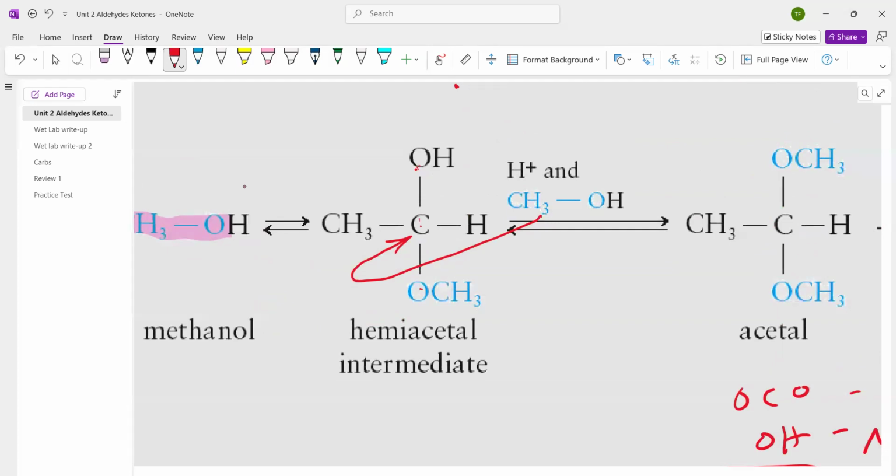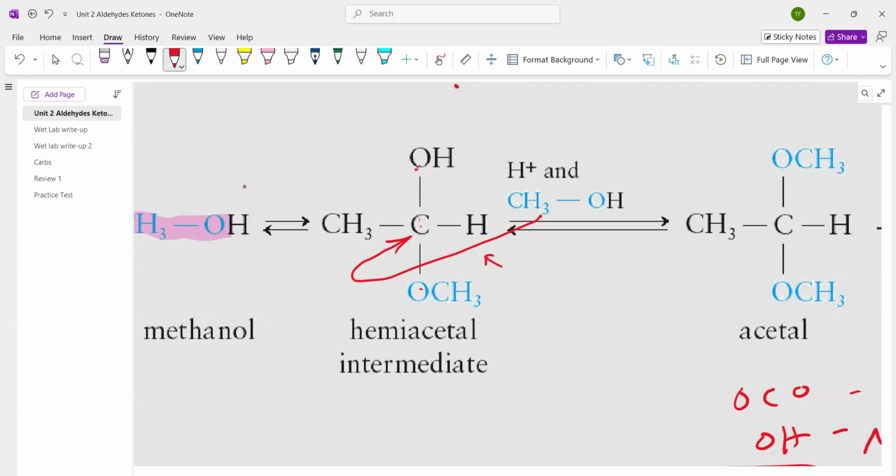Okay, the H means we started with an aldehyde over here on the left. The OH means that we've done this once. If there's no OH present, that means it's gone ahead and reacted with another alcohol. It could be the same alcohol or a different alcohol.